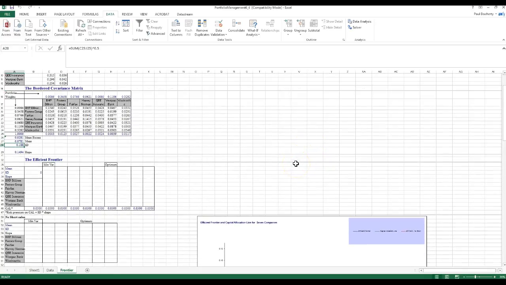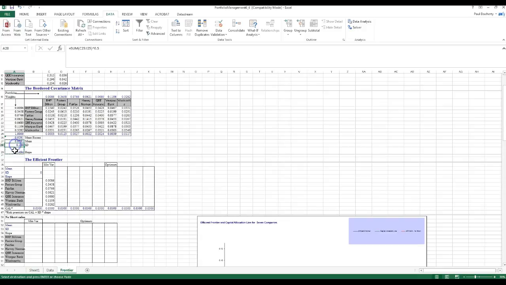So I'm going to record this information. For this particular portfolio, I'm going to take the weightings, copy them by pressing Control C, and paste them down here by pressing Control V. Then my mean return, my standard deviation, and my slope, I'm going to copy those as well. I'm going to right click here.